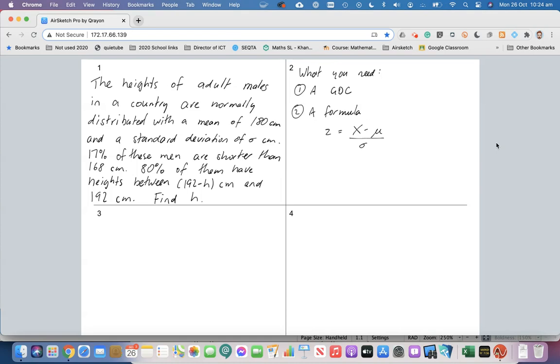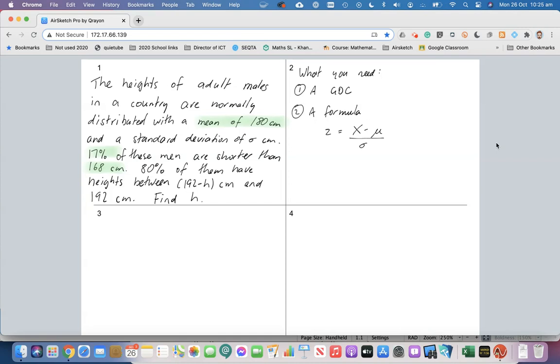First of all, I'd highlight the critical parts. We've got a mean of 180 centimetres. A standard deviation of sigma centimetres simply means that the standard deviation is not known. This doesn't help us. We're told that 17% are shorter than 168 centimetres, so that gives us something.